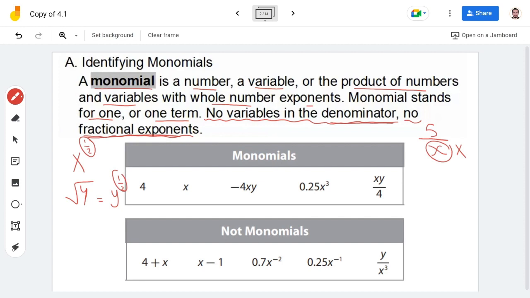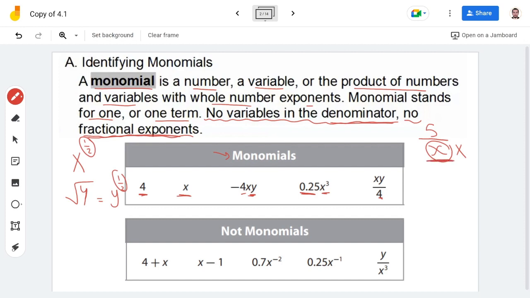So for examples of monomials: a number is a monomial, a variable is a monomial, a number with variables is also a monomial, and a decimal number with a variable is a monomial. Here, maybe you'll ask teacher why this one is a monomial, because the denominator here is a number, and a number is fine.